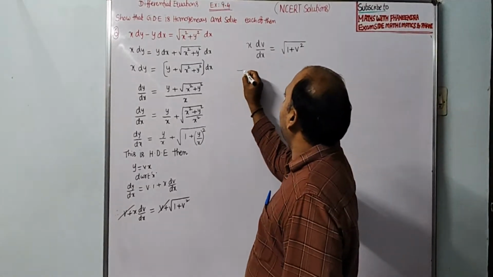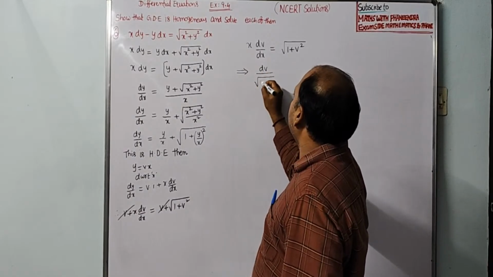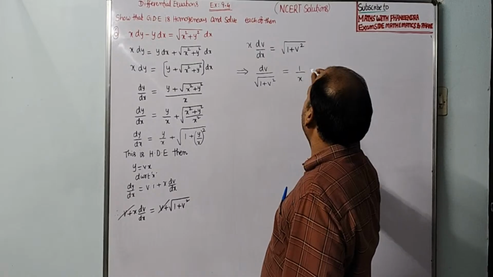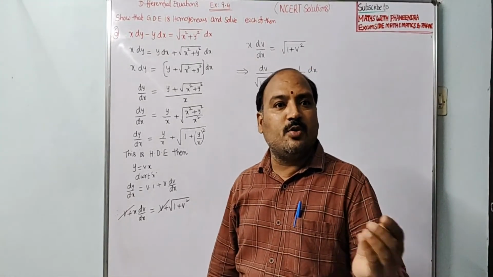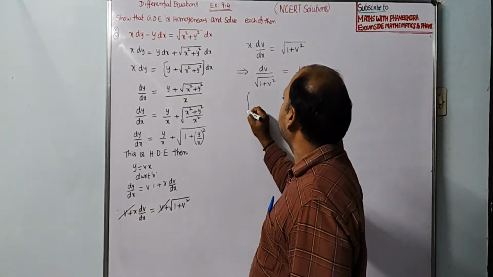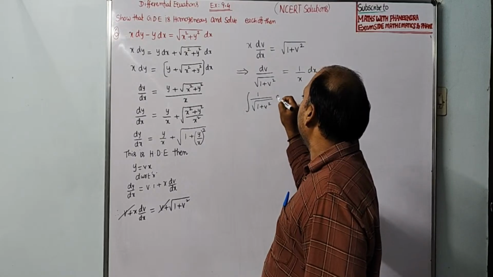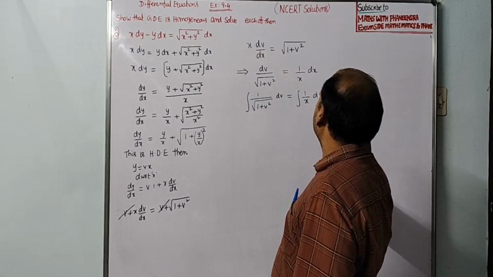Now separate the variables v and x: dv by root of 1 plus v square is equal to 1 by x into dx. Whenever we separate the variables, we take integration on both sides. Integral of 1 by root of 1 plus v square dv is equal to integral of 1 by x dx.